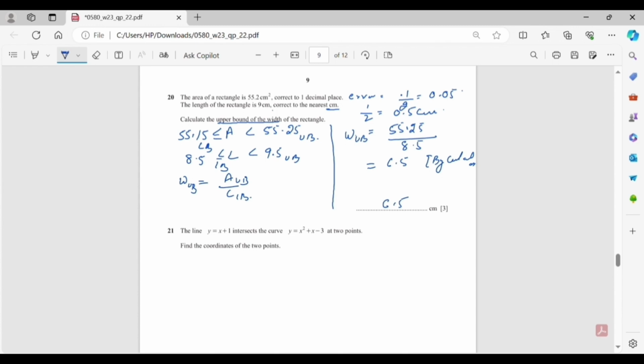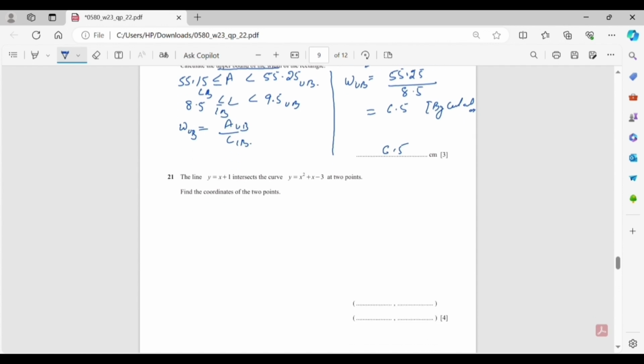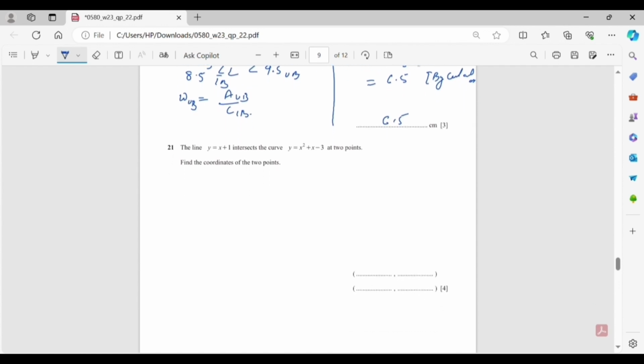The line intersects the curve at 2 points. Find the coordinates of the 2 points. So basically we have to find the solution at these points. So let's substitute this value in this. So it will be x plus 1 equal to x square plus x minus 3.